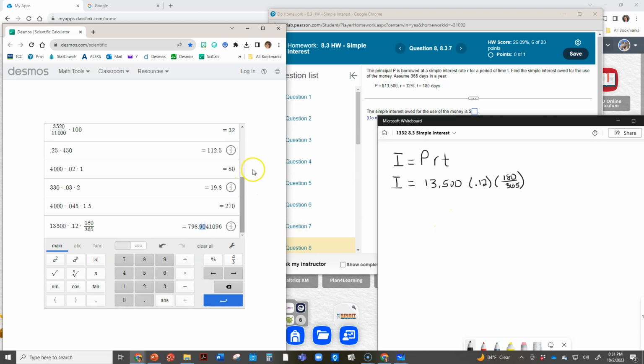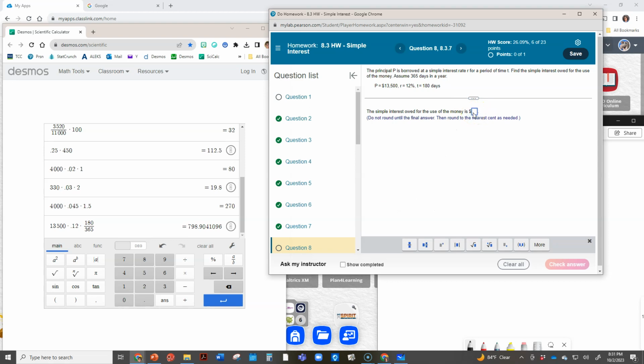So my interest is $798.90. Do not round in the final, and do not round until the final answer, then round to the nearest cent. Okay, I did that right.